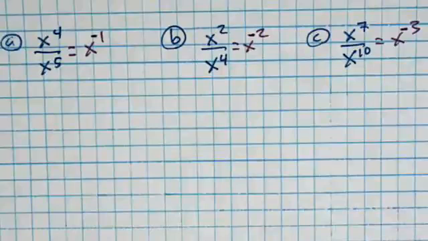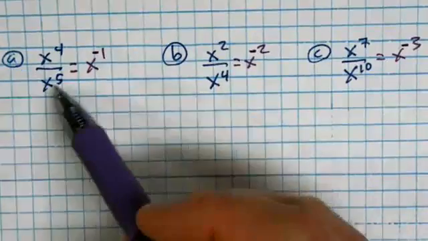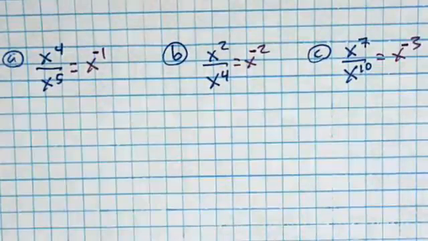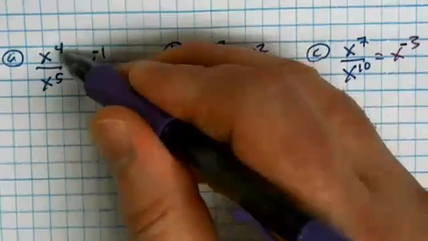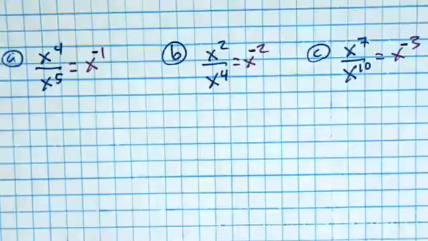It's really easy to get the wrong answer on these because it's easy to look at this and say, ooh, 4 and 5, we're going to subtract, right? If you came up with 1, then you knew the shortcut was to subtract. It's just you subtracted the wrong way. It's always the top exponent minus the bottom exponent.